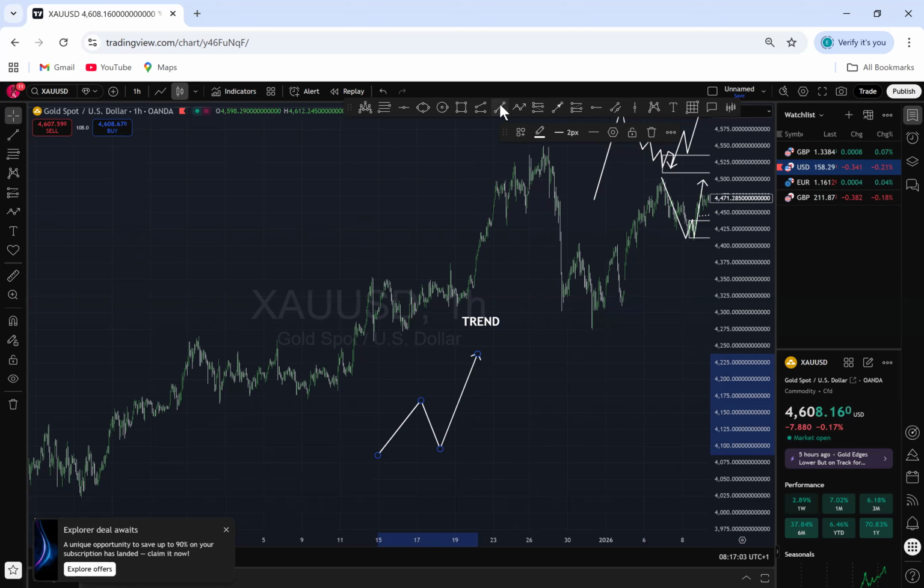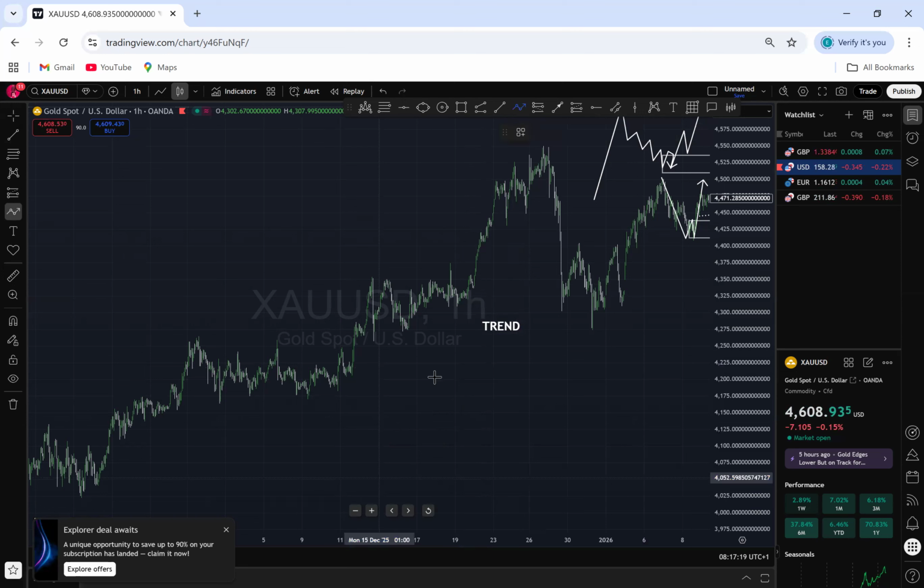So if, for example, we have this zone, this break of structure here, and then we have, okay, let me do it this way. I think it's better this way.